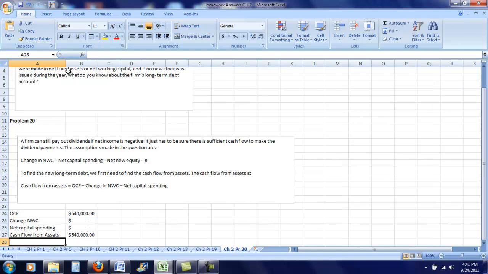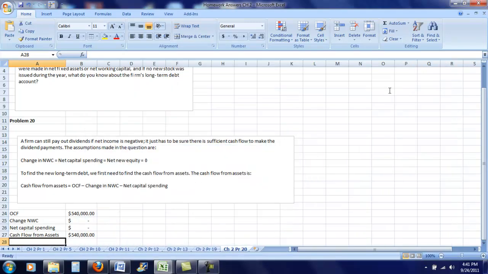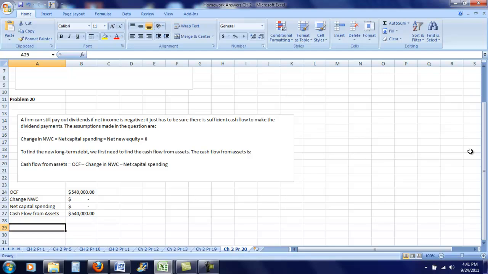Next, we can find cash flow from stockholders. Let me just insert a line here and make sure I label this.